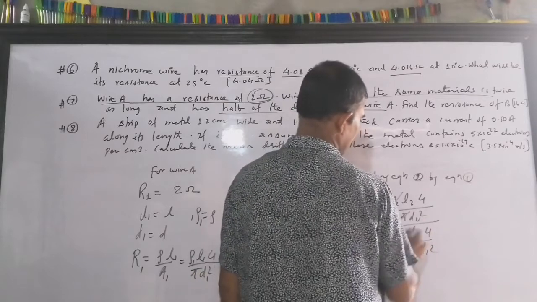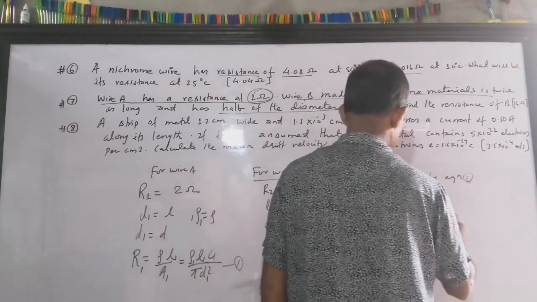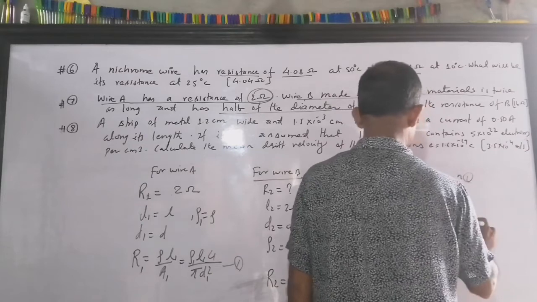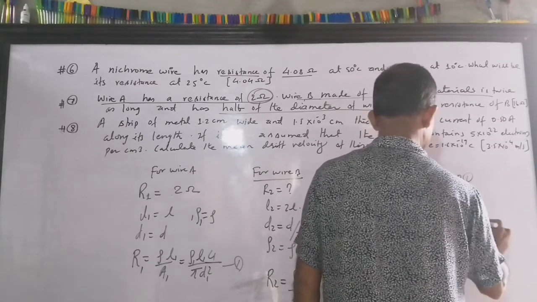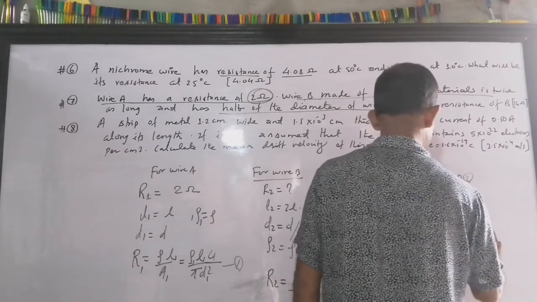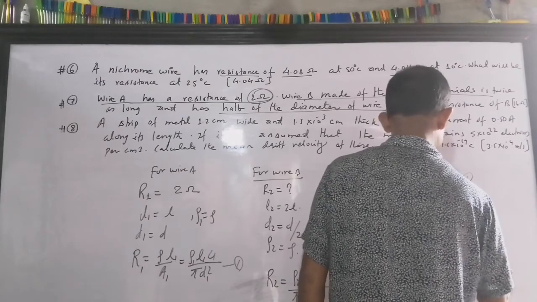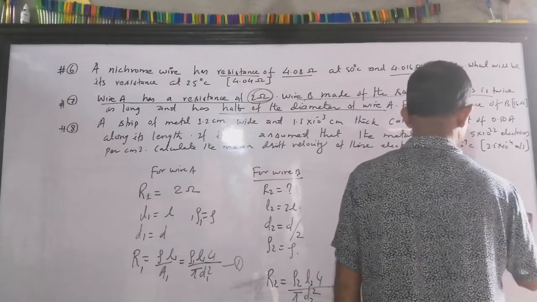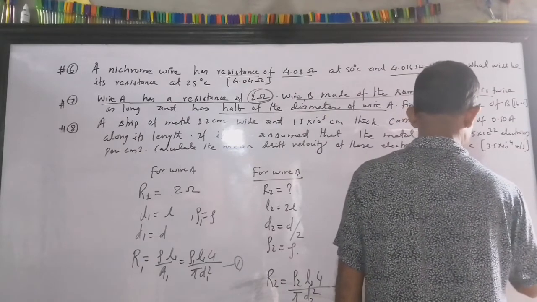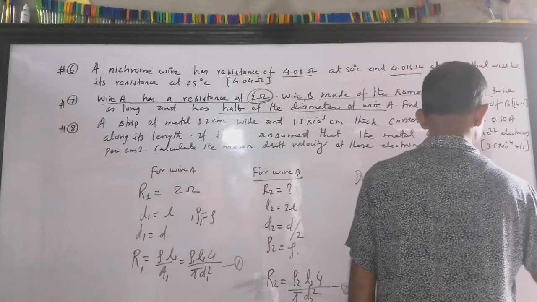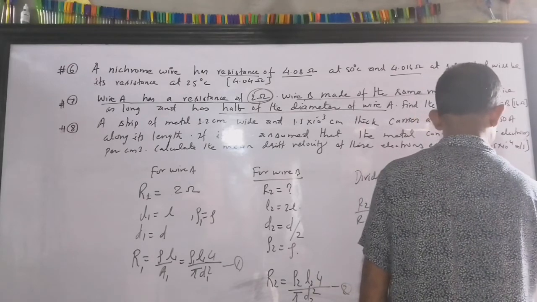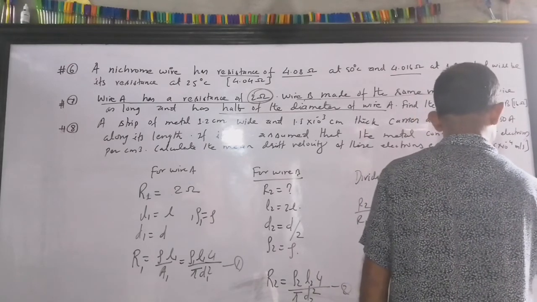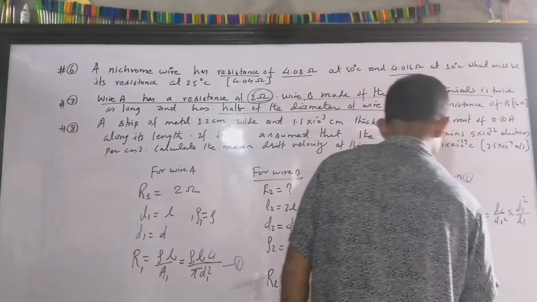Pi is a number, cutting, and this 4 also cuts, so you will be left with L2 by D2 square over L1 by D1 square. It's very easy to solve this. Now this becomes L2 upon D2 square, and just make it opposite, D1 square by L1.